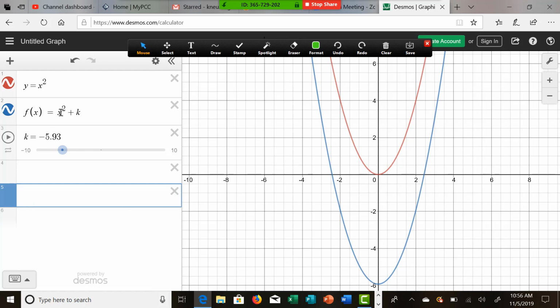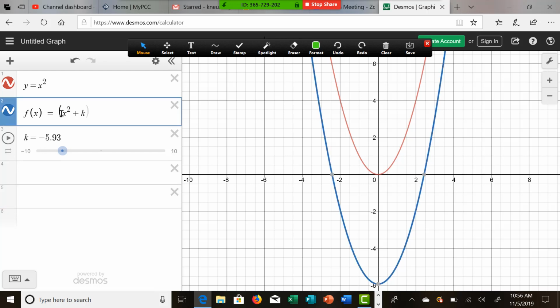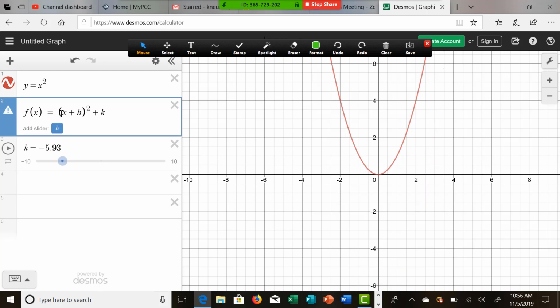Let's see what happens if instead of having a k there, I change this so that there is a plus h in here. So notice that rather than adding something on the outside, I have added something on the inside. That's having something in here and you square afterwards.